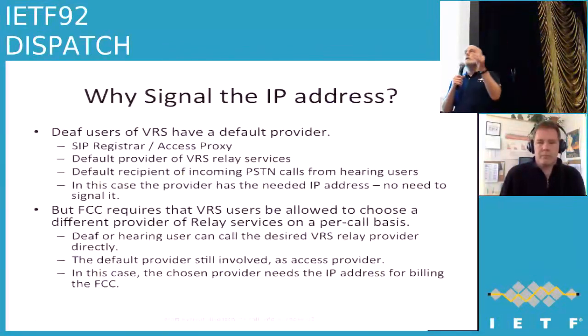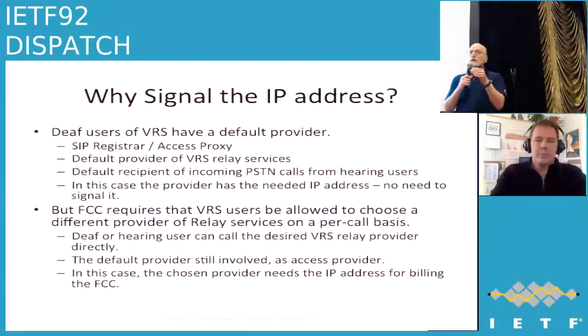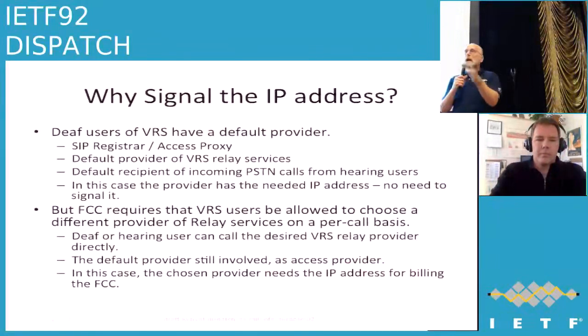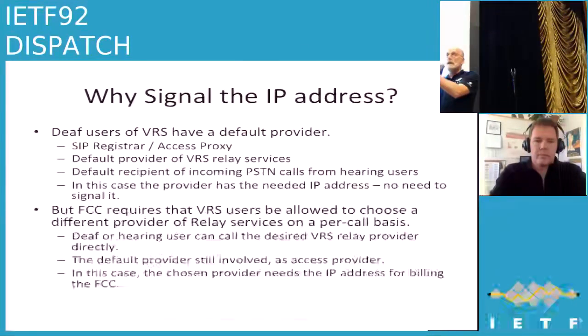Well, so the ultimate question comes down to who sends the media, right? Because if you're emitting the media from an IP address and you can check the media because you're receiving the media at the VRS, if the media address tells you that somebody's within the United States, this seems to be a solved problem.